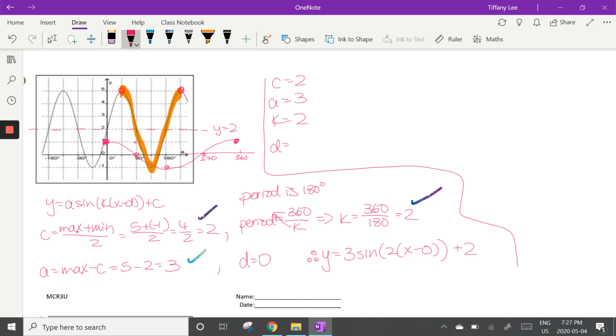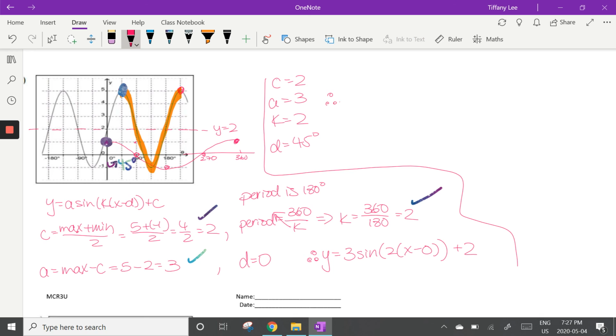The only difference is d. So now let's compare start points. My original cosine graph started here at 0 degrees, but now my transformed graph has moved over to the right by 45 degrees. So d equals positive 45 degrees.